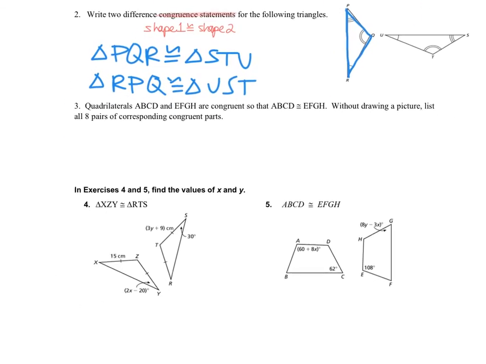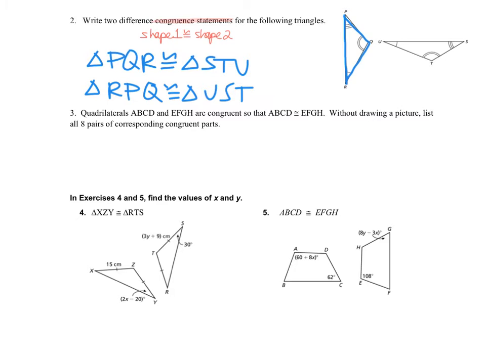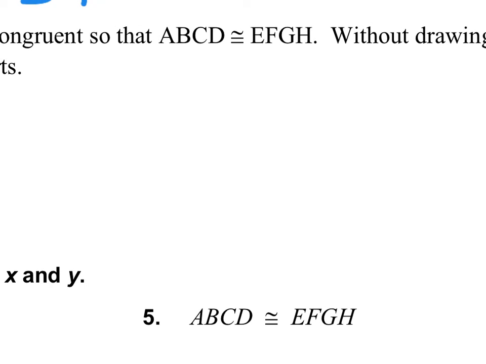You should be able to get some information without even drawing pictures. In number 3, it says quadrilaterals ABCD and EFGH are congruent. Without drawing a picture, list all 8 pairs of corresponding congruent parts. Let's start with the angles. Since the order matters, this congruent statement tells you what you need to know. What do you think angle A is going to be congruent to, guys?